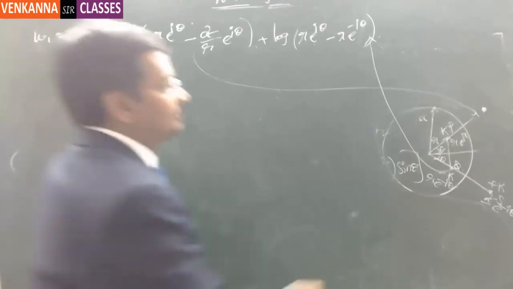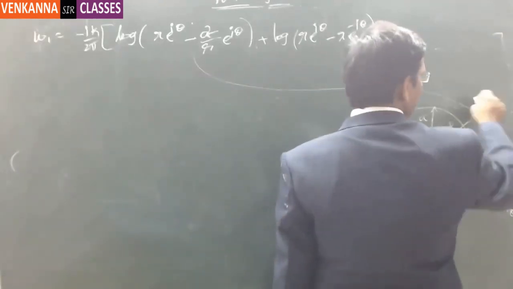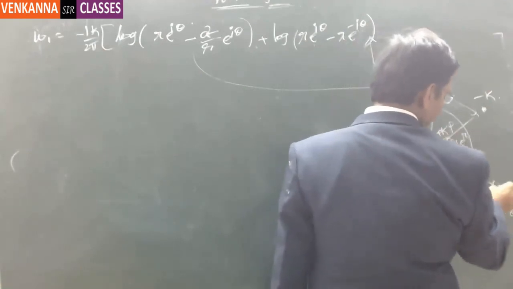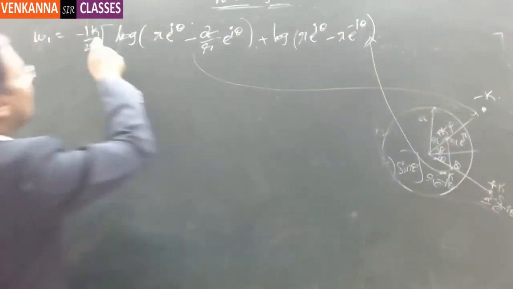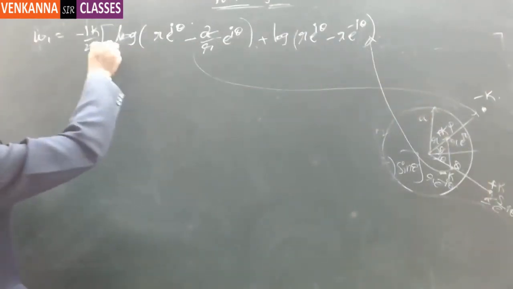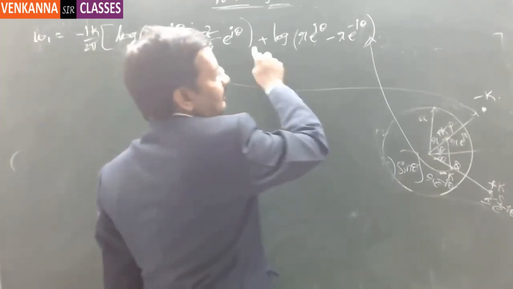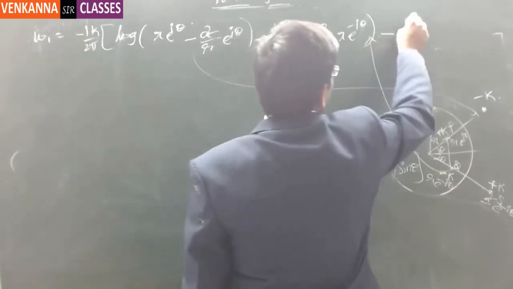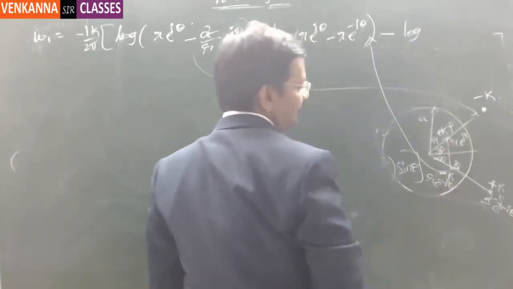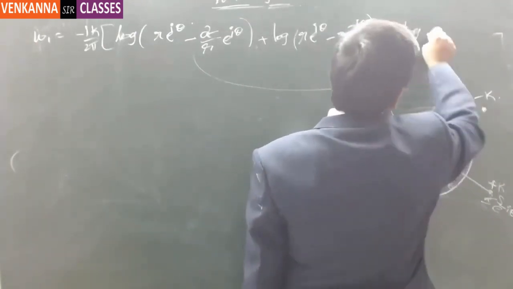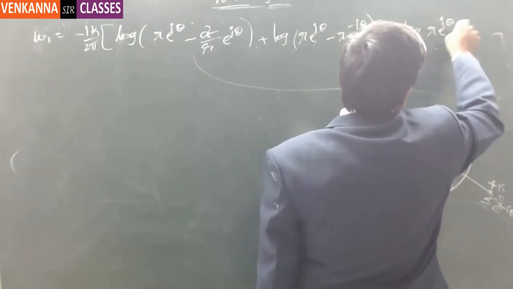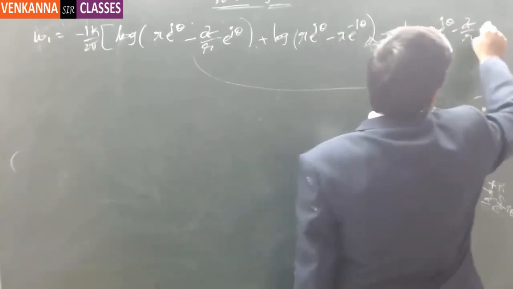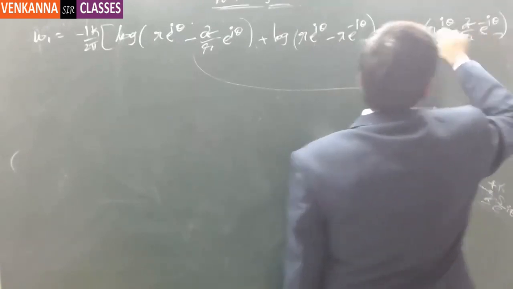Got it? So this is being plus. So this will be minus k, and this is minus k, and this will be the plus k. So that's why if you take minus k out, the log will be plus here and the log will be plus here. And then the remaining complex potential is this one, that is log of R e power i theta minus a square by R times e power minus i theta.